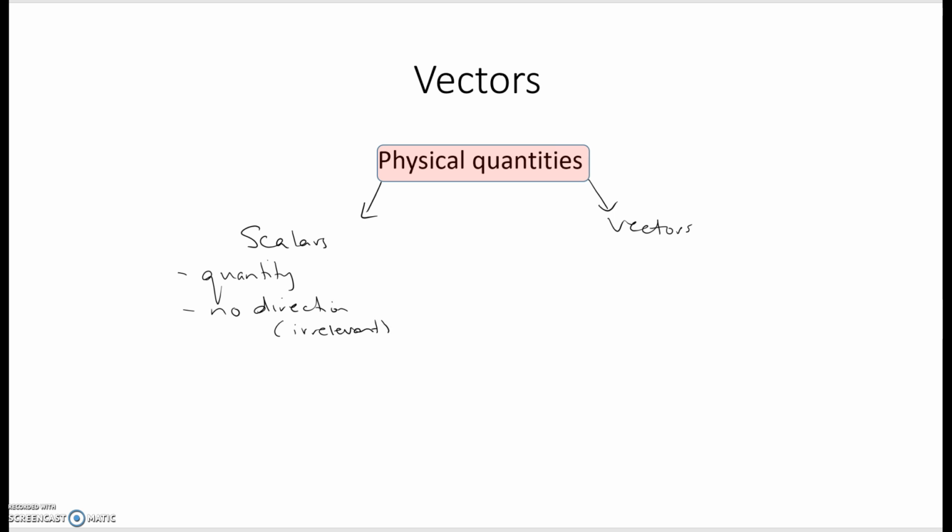Whereas a vector involves a quantity where the size is important and the direction.